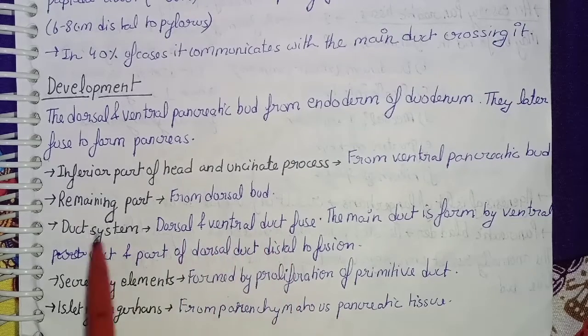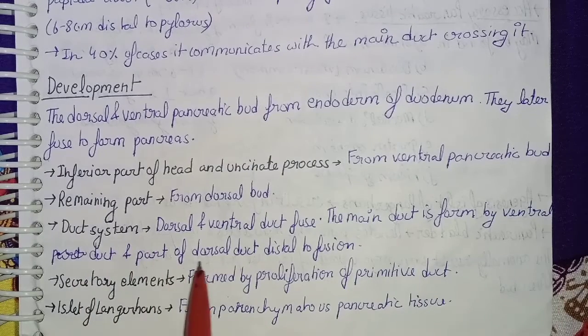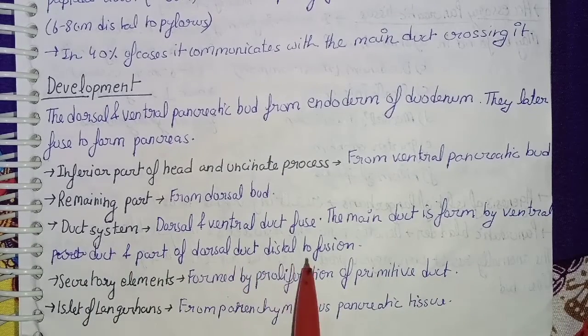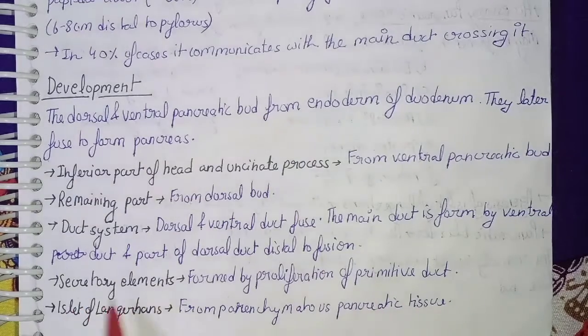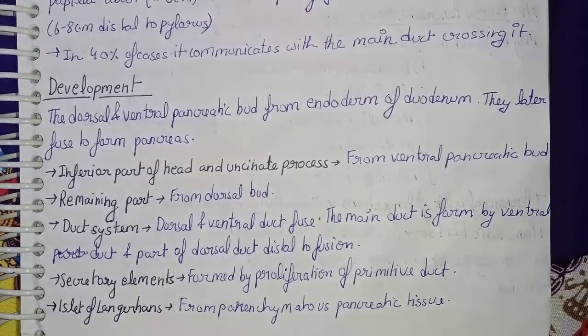When fused together, they form the duct system. The main duct is formed by the ventral duct and part of the dorsal duct distal to the fusion. Secretory elements are formed by the proliferation of the primitive duct, and the islets of Langerhans are formed from the parenchymatous pancreatic tissue.